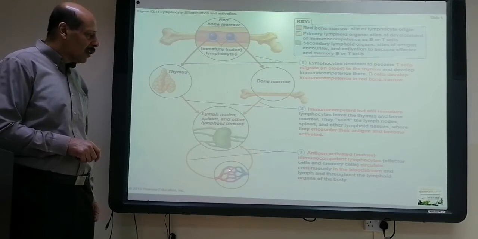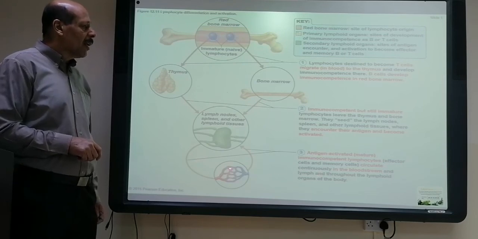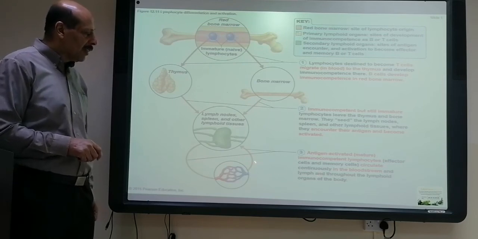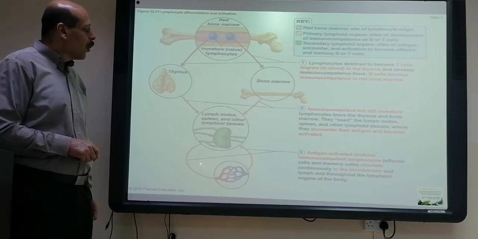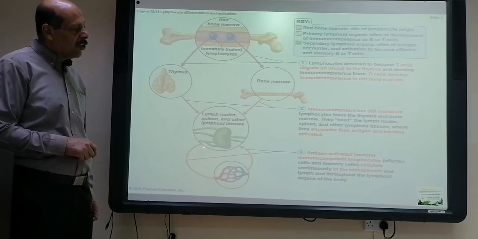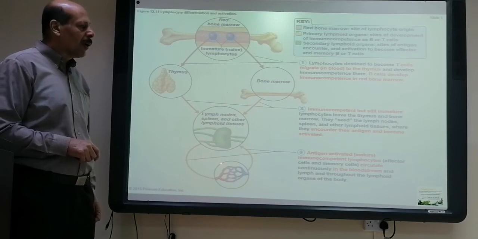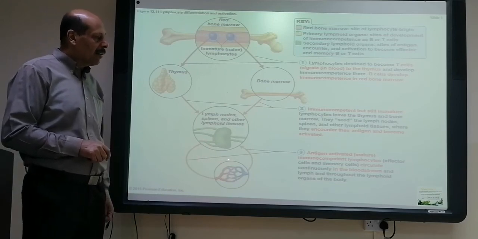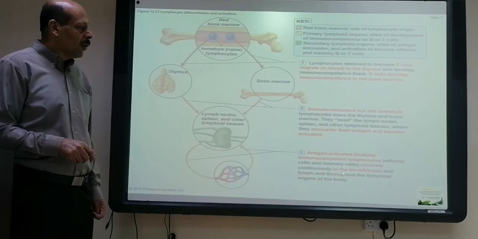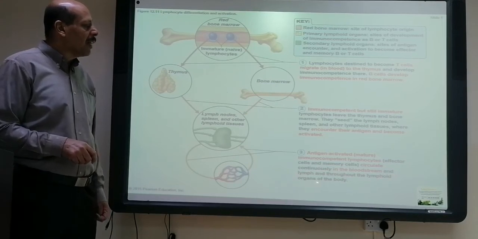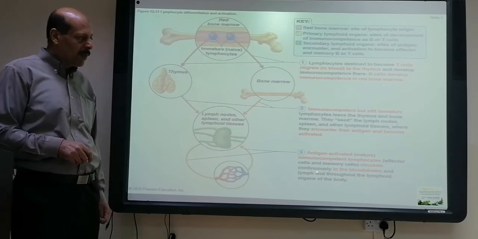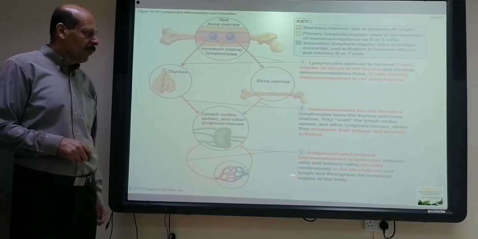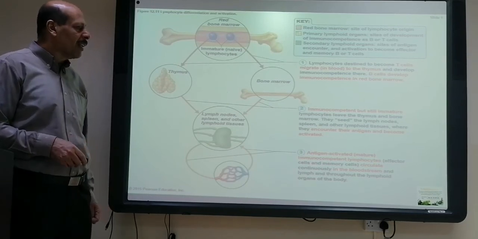So memory cells will be developed there, activated and running inside our bloodstream. When the same antigen comes again, they will recognize it and act against it. They are present and circulating in the blood vessels, the lymph, and throughout the lymphoid organs of our body.